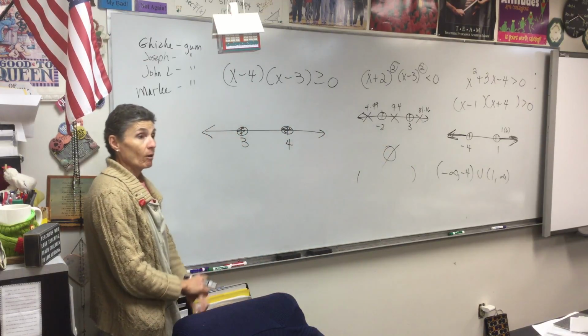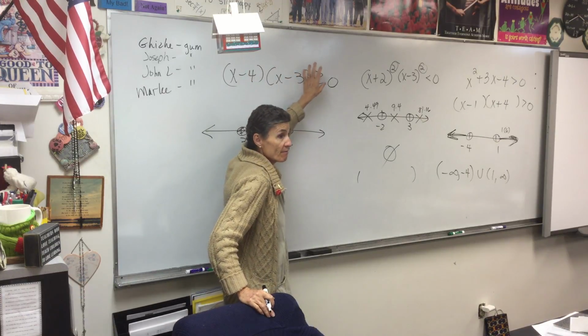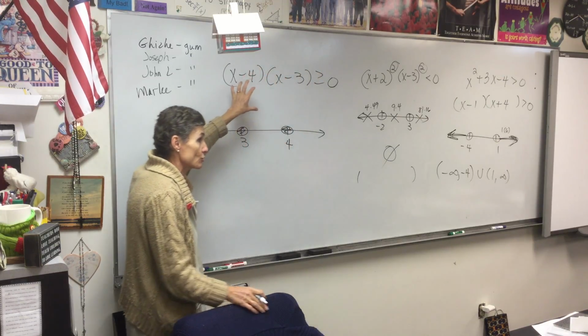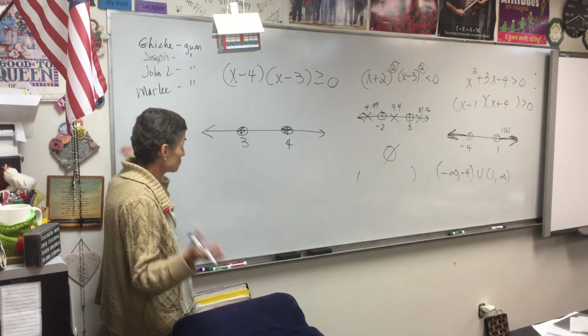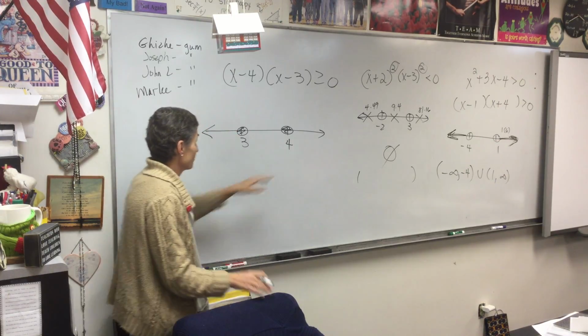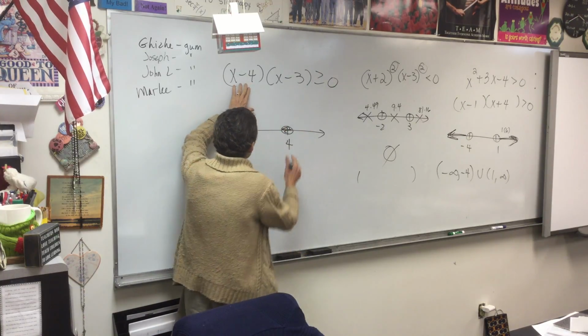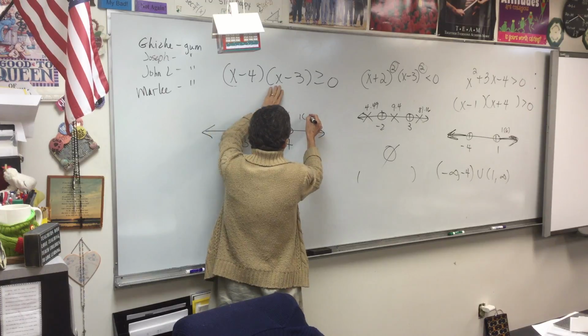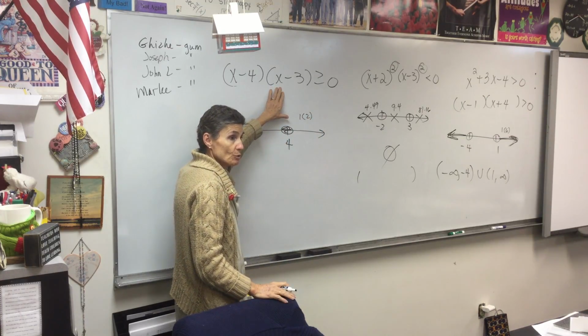Yeah. All right. Now, I'm going to be able to shortcut this. Nothing is squared in the factors. Remember, the factors aren't squared. So I just need to pick one number. Doesn't matter which number. What number? 5. 5's out here. If I put in 5, I get 1 times 2.